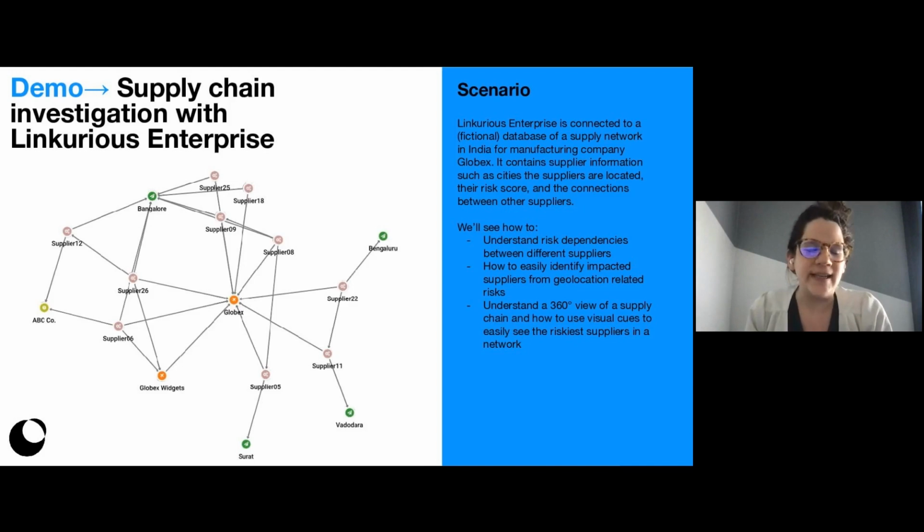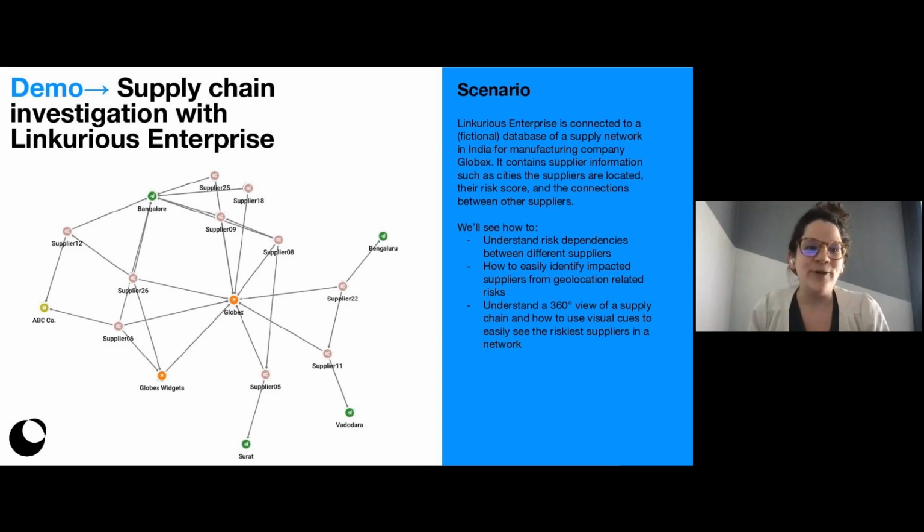So what we're going to see in the demo is we're going to analyze it through a risk lens. And we're going to try to understand the different dependencies that the suppliers have in case something were to happen to one supplier. What are the cascading effects? We can also see how we can anticipate the effects on our supply chain based off of location risks, like if there's a flood, or based off of different time or event-based risks.